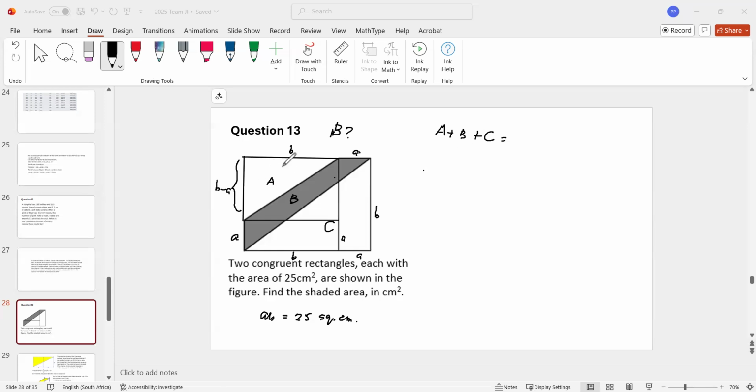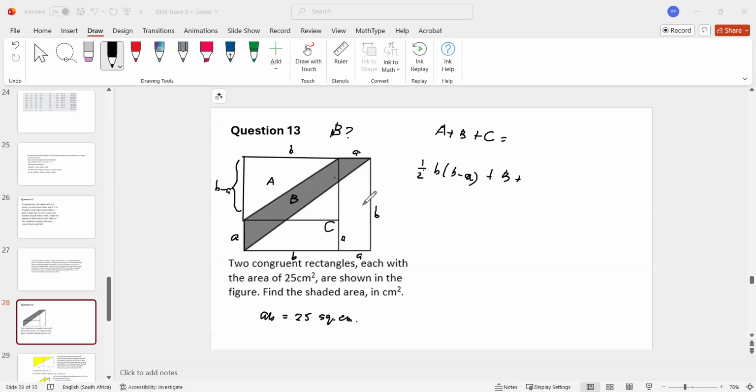Let's find these areas. The white area A is the area of a right angle triangle, so half base times height is this thing. Then the shaded area, we don't know what it is. We'll hold on with that.